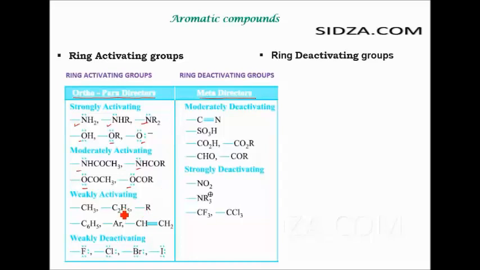These are the ortho-para directing groups, and they are also ring activators. These are the ring activating groups. Meta directing groups are the ring deactivating groups. They increase positive charge on the ring, so therefore the attack will be slow. The only exception is this one.